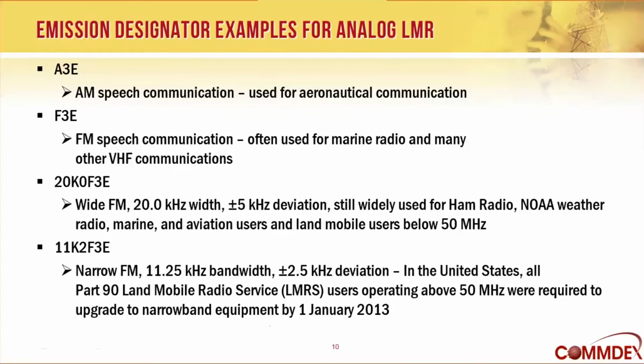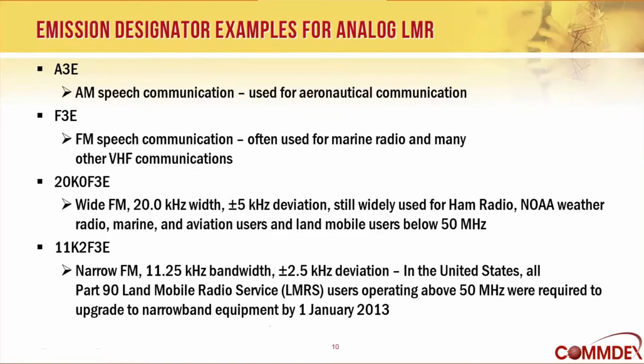And then we might see the narrow FM, 11K2 F3E, narrow FM, 11 and a quarter kilohertz bandwidth. So this fits within the 12 kilohertz emission bandwidth with 2.5 kilohertz deviation.